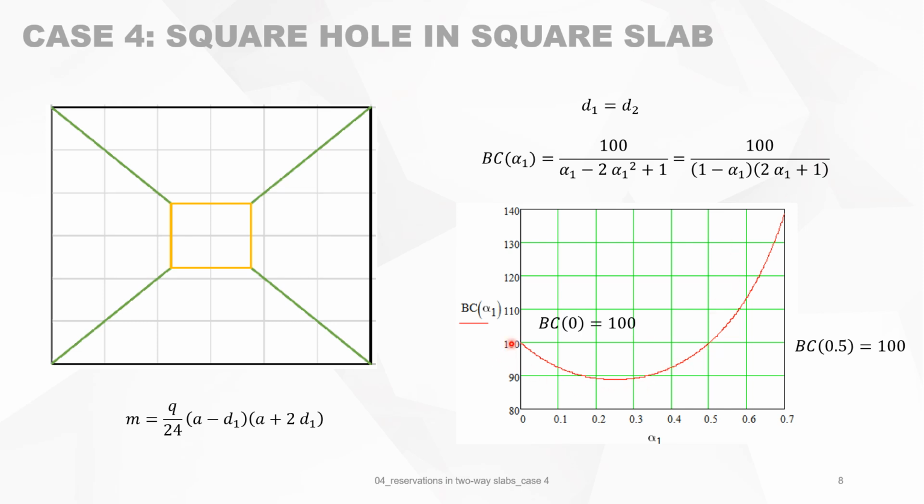And when alpha 1 is 0, of course, then you have 100%, which is the capacity of the slab without the hole. And you see here, the maximum loss is like 11%.